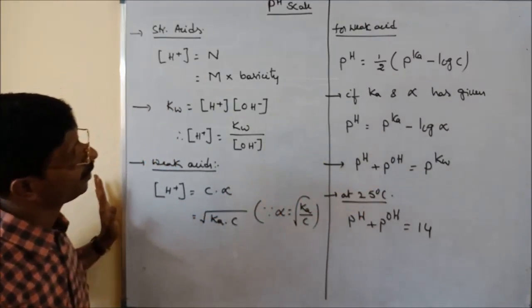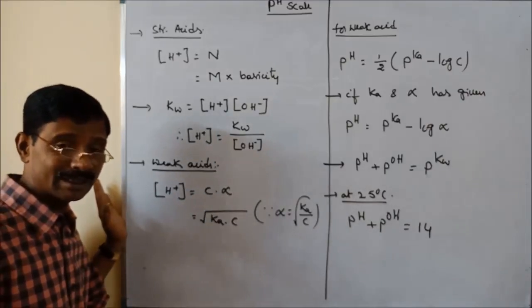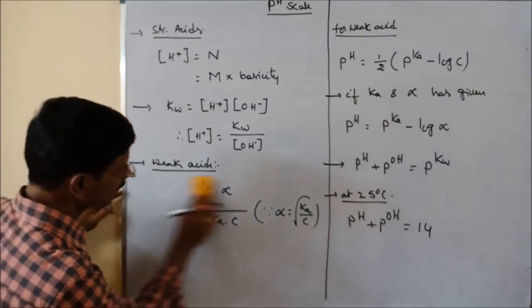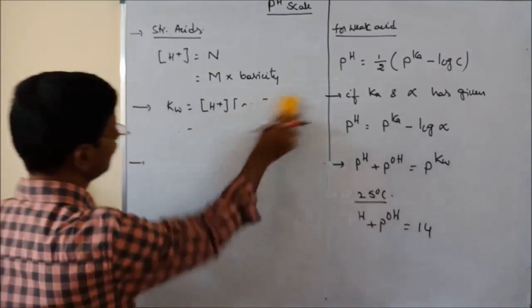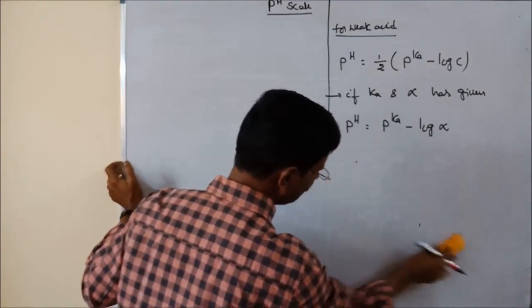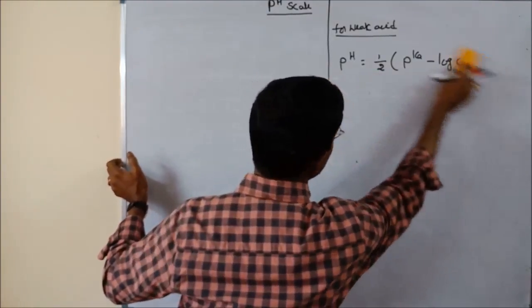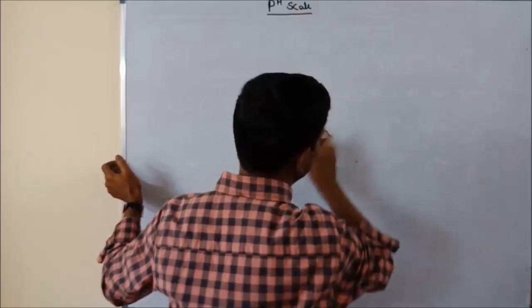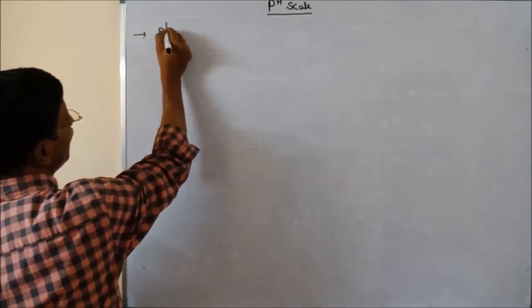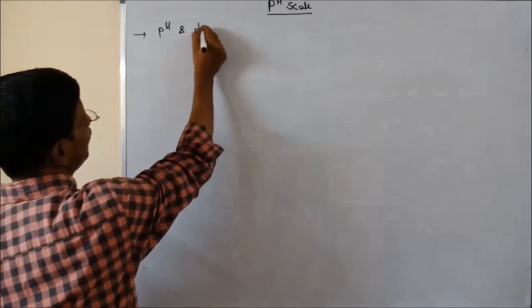So this is how to get pH for either strong acid or weak acid. Now, here another important point we have to understand, that is what will happen to the pH of a solution on dilution. So that means the relation between pH and dilution.